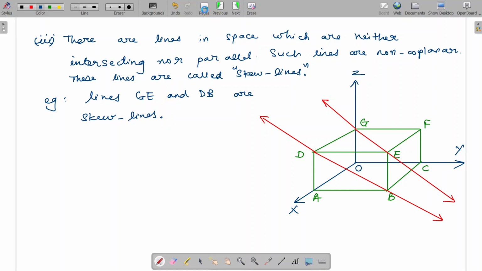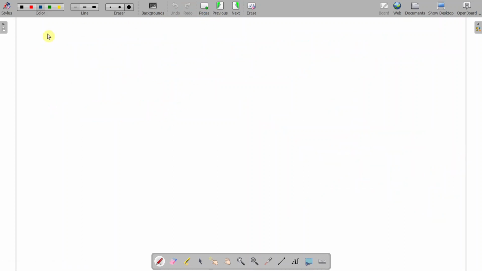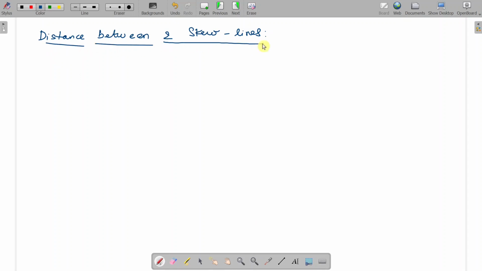Now we will look at the distance between two skew lines. So this is the subtopic. Let us consider two skew lines.